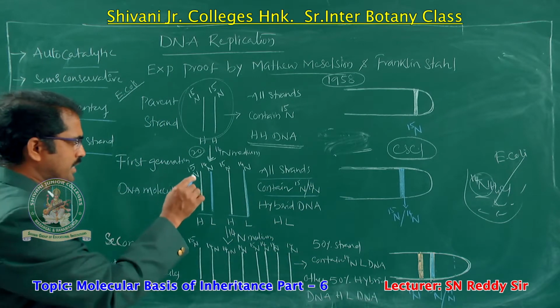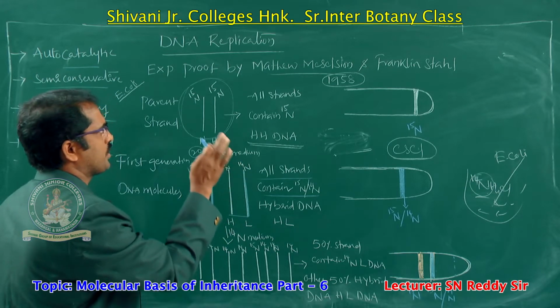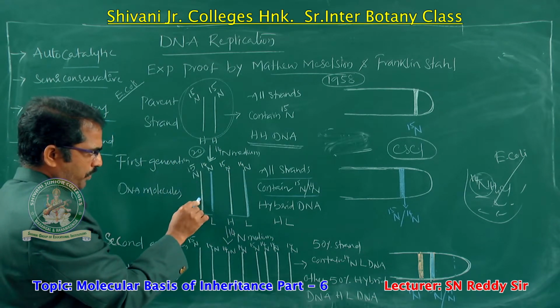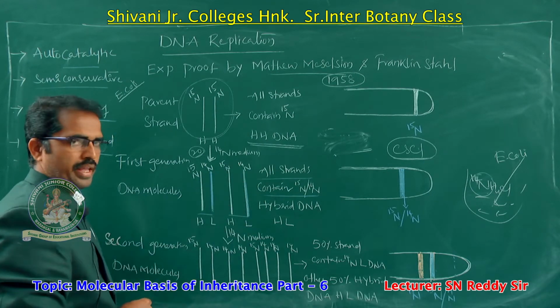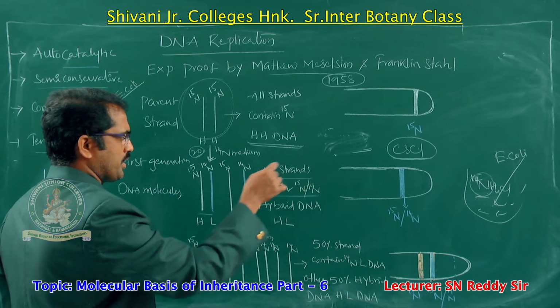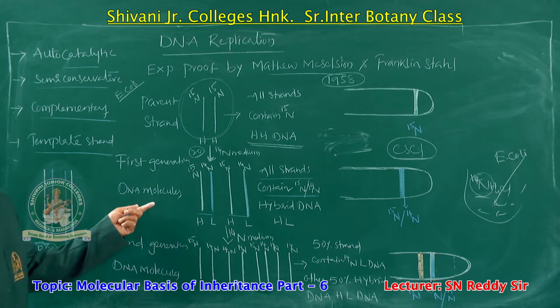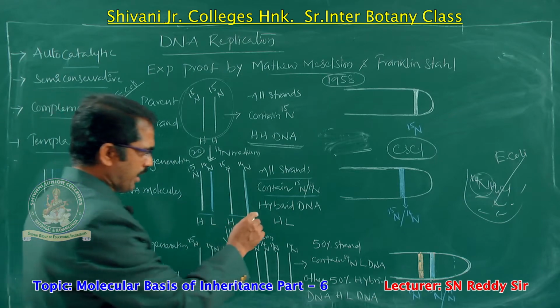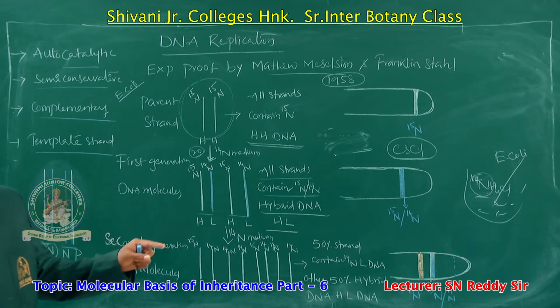One strand is the parental strand, the other one is new. So this N15 synthesizes the new strand, that is N14, because N14 is the medium. That means in the first generation, the DNA molecules are hybrid DNAs, that is heavy light DNAs.